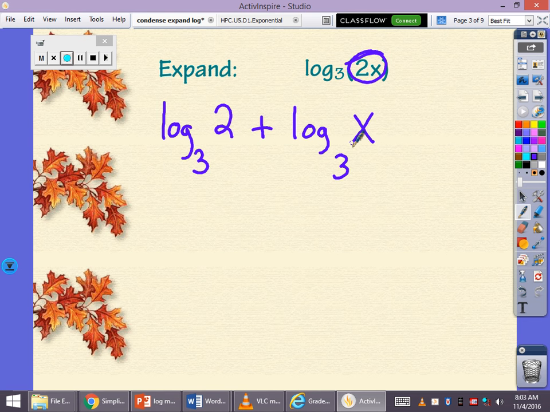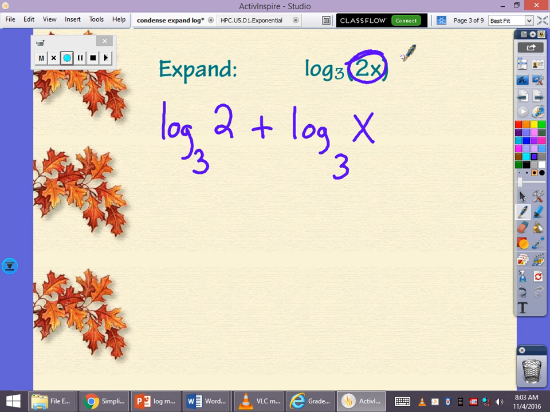Okay? Multiply I add, division I subtract, power I multiply. Okay? This is product because 2 times x, right? So think of these, whatever's in parentheses, as exponents.